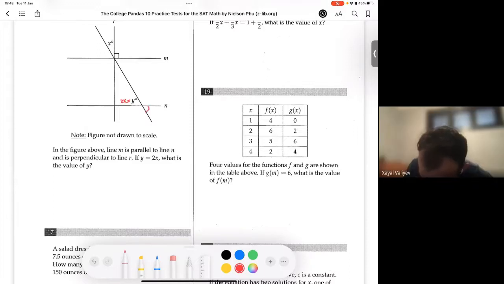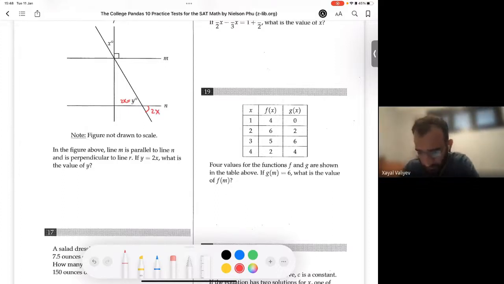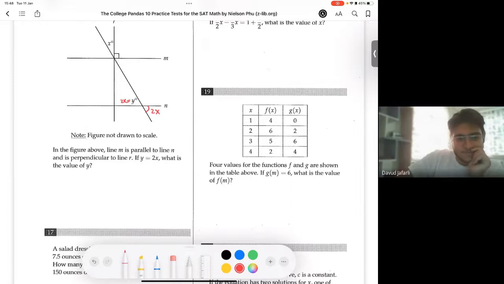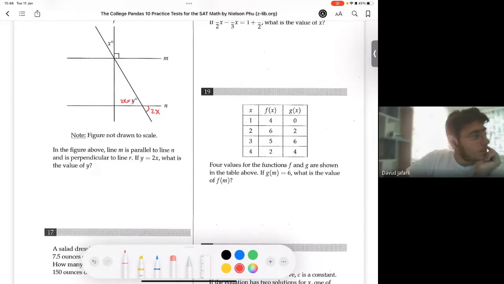This side, 2x. You mean the vertically opposite angle? Yeah. What's the value of y? Oh, 90 degrees.